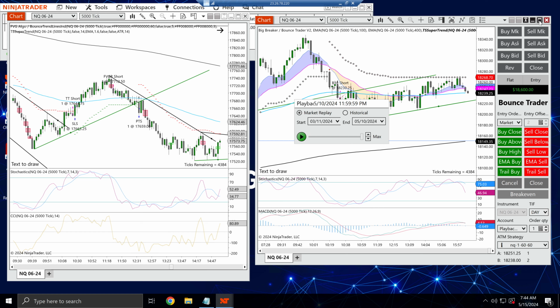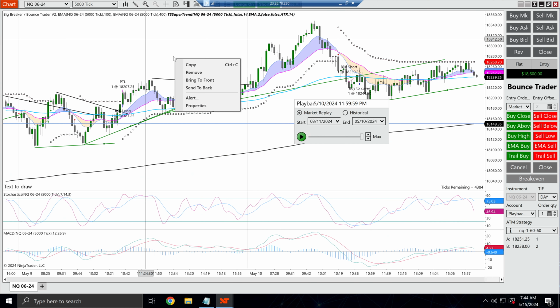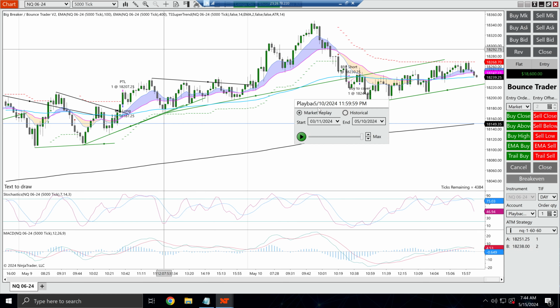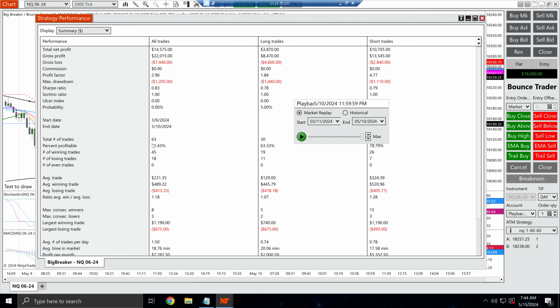Let's look at big breaker. So big breaker, if we look at the details, we're still in the upper 70% profitable trades.